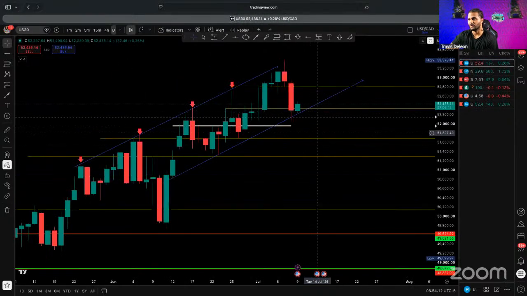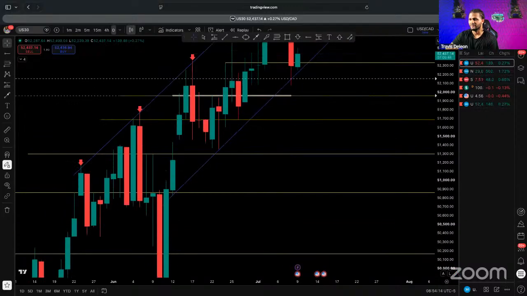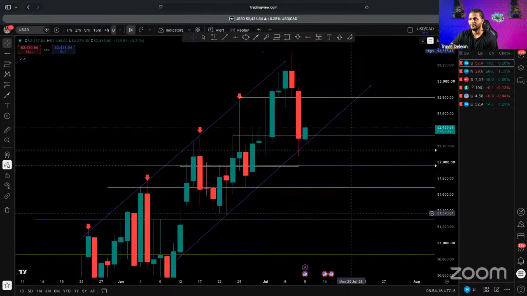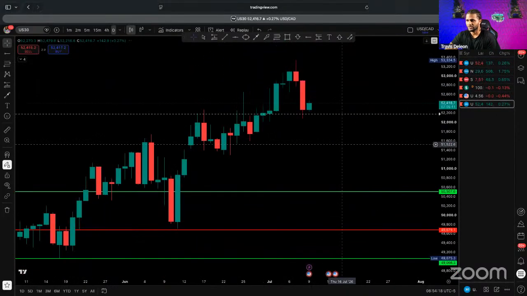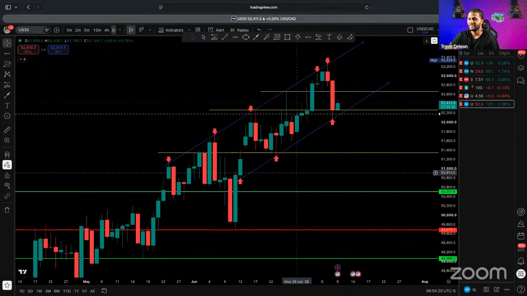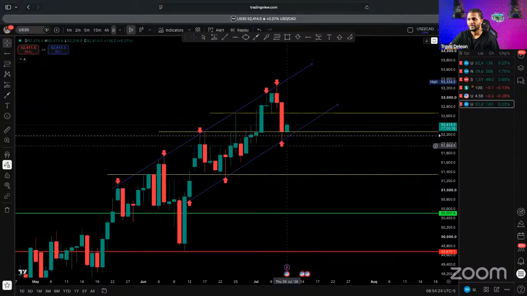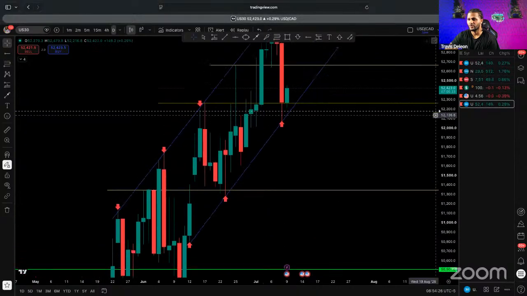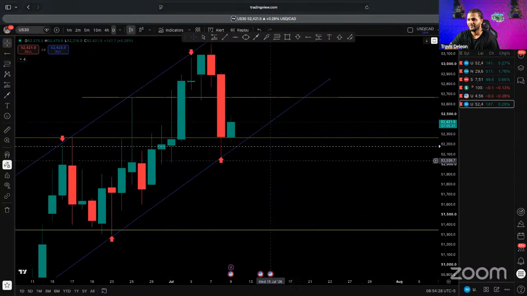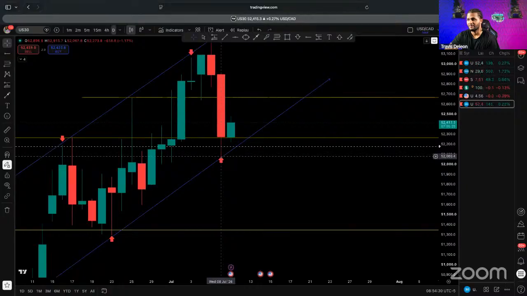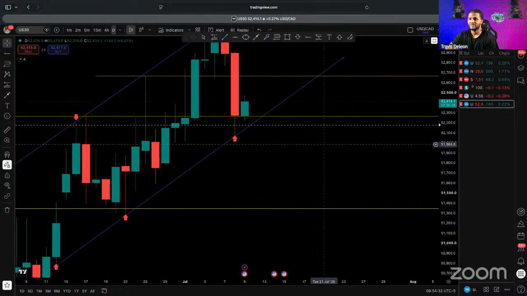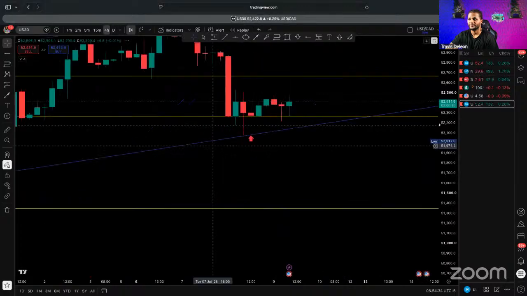So I would want to see a breakout of this level. Let me go on that chart. Price has been trading in this nice uptrend right here. Price rejected the lower trend line right here and pushed off a little bit. I would want to see right now what I'm waiting for on the 4 hour time frame.